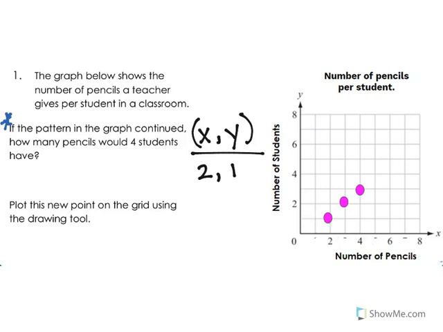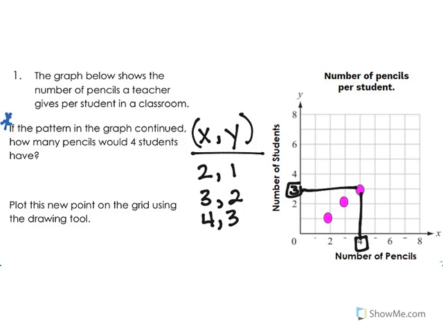Next, my next ordered pair is at 3, 2. It's at 3 on the x-axis and 2 on the y-axis. I have one more. I see it is at 4 on my x-axis and 3 on my y-axis. So the ordered pair would be 4, 3 because the x-coordinate goes first and the y-coordinate goes second.